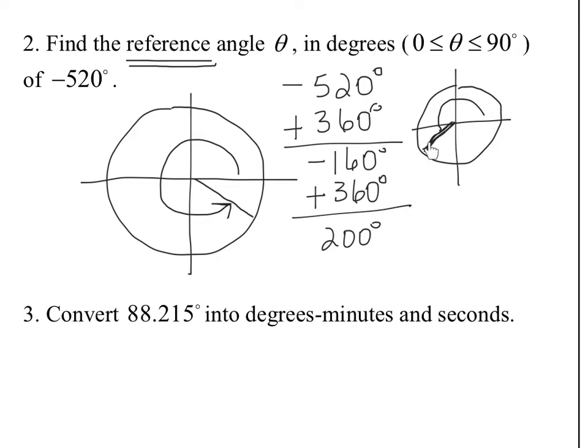So if I take the 200 degrees and I subtract 180, that will get me back to the horizontal position, and I get 20 degrees. And that is my reference angle. So this angle right here would be 20 degrees.